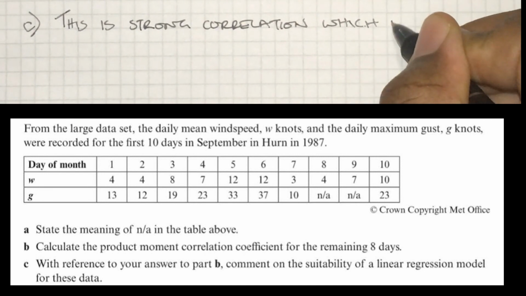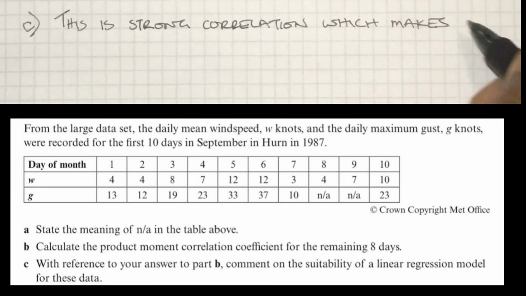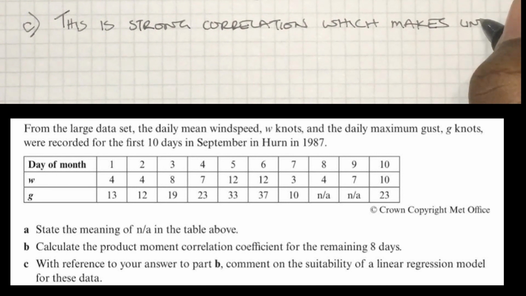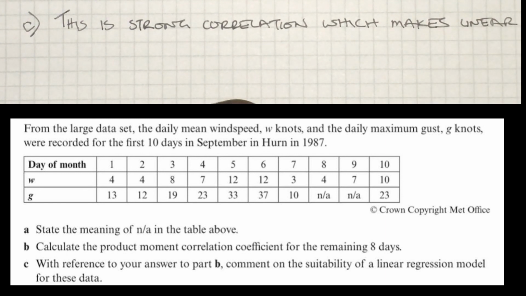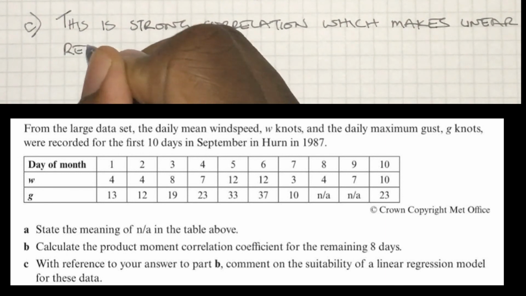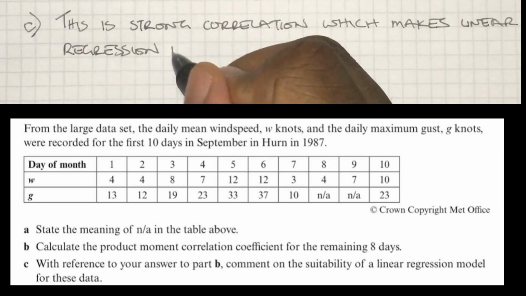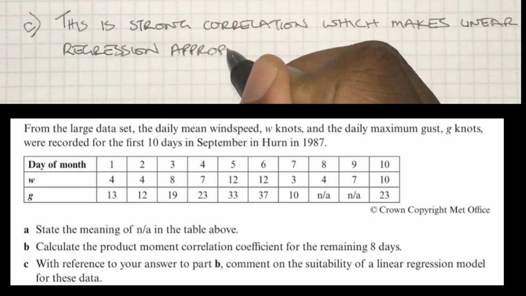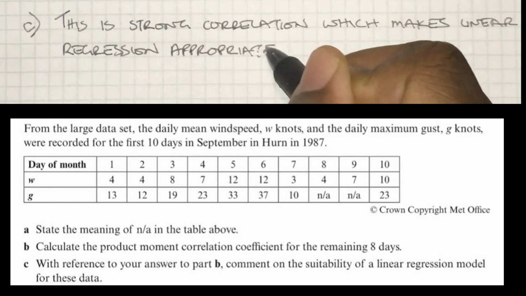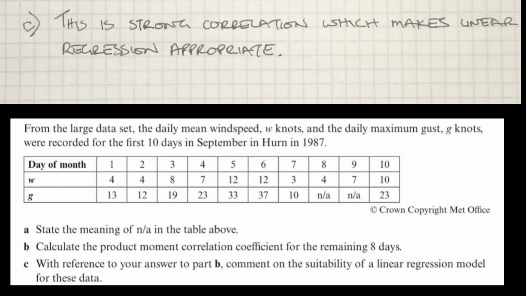And now we found some very strong correlation. It was 0.95 or thereabouts, meaning that actually linear regression is appropriate for this data. It would make sense for us to try and make predictions from a straight line model, from a line of best fit, from the linear regression model for this data.